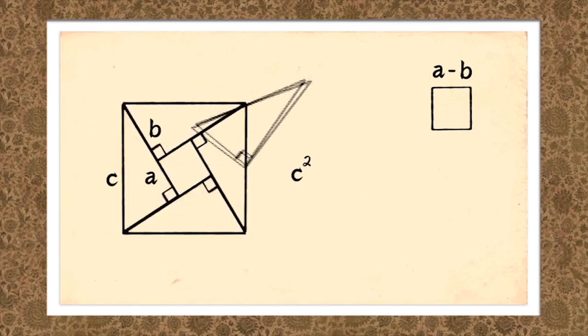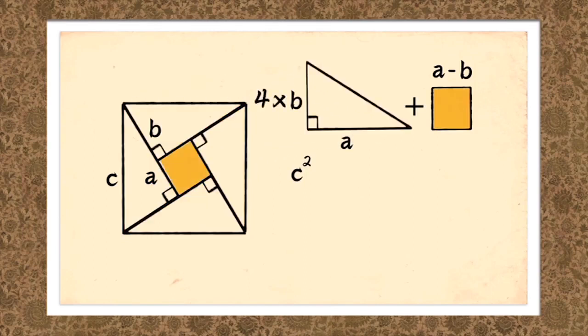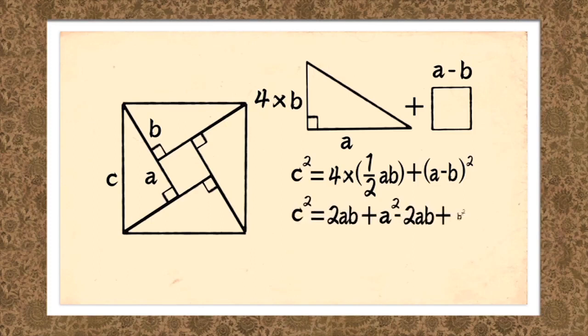The area of the 4 triangles and the square with the length of A minus B equals 4 times AB divided by 2, plus the square of A minus B. After calculation and simplification, C squared equals A squared plus B squared. The generated equation is just Ngao Gu theorem.